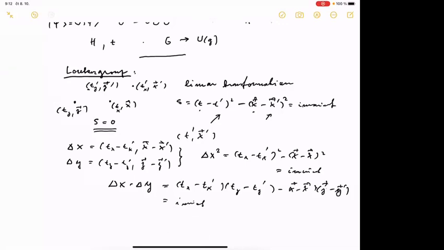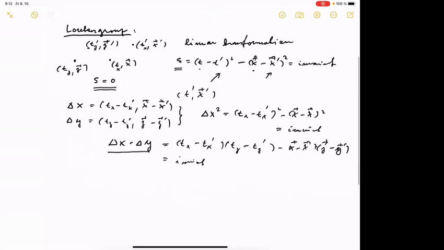The definition in terms of such a scalar product and the definition in terms of the interval, which should be invariant, are equivalent.